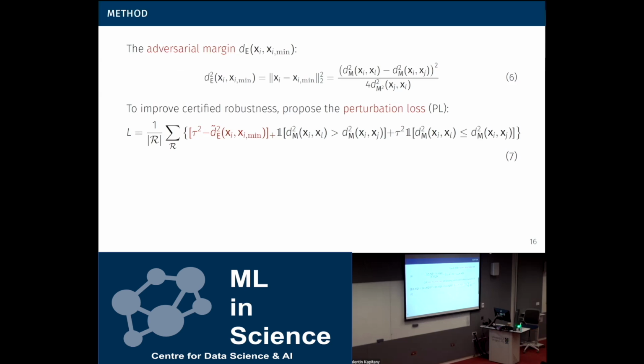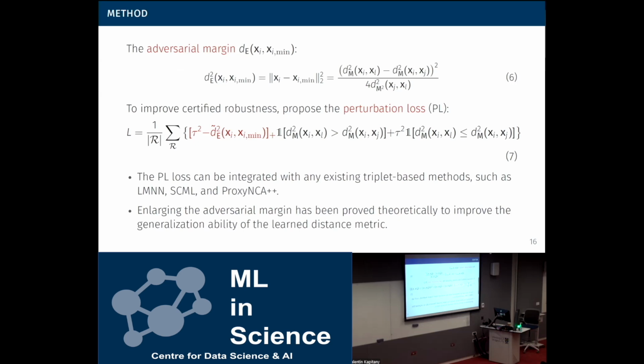So you only need to worry about this part. We can maximize this loss function, and that gives us a robust method. We show this loss function can be combined with different metric learning methods. And it can also be proved theoretically that by improving your robustness, you also help with generalization. You also get higher accuracy on clean data.